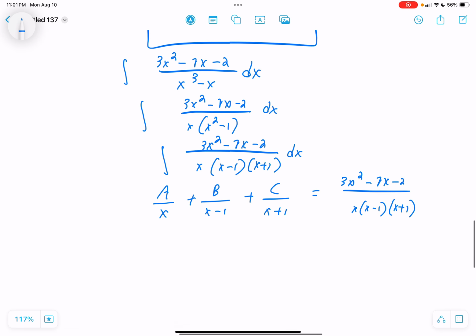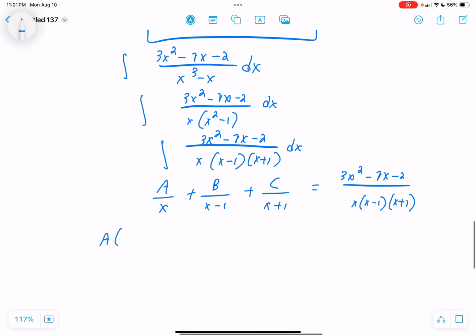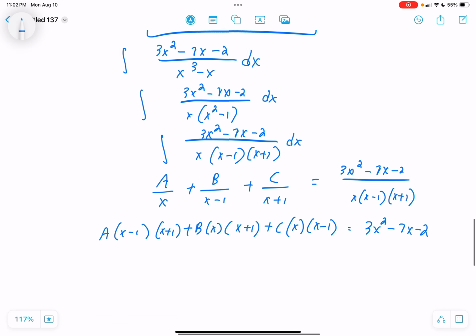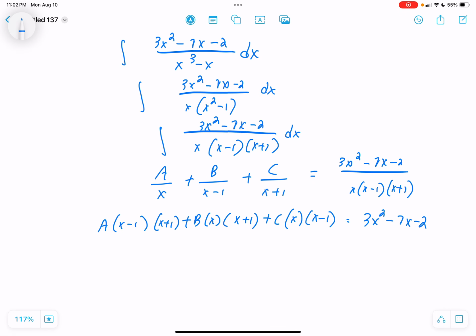Now, this is where it gets crazy. A times x minus 1 times x plus 1 plus b times x plus 1 plus c times x minus 1 equals 3x squared minus 7x minus 2.